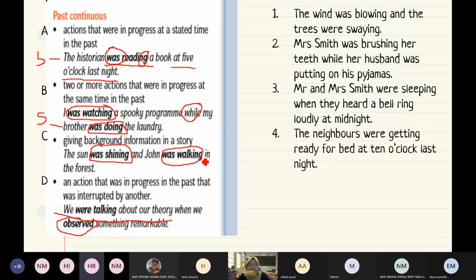You read the description between B and C. Which one is the most suitable one? Teacher, B. No. Are you sure it's B? I asked you to read between B and C. Which one is the most suitable one?